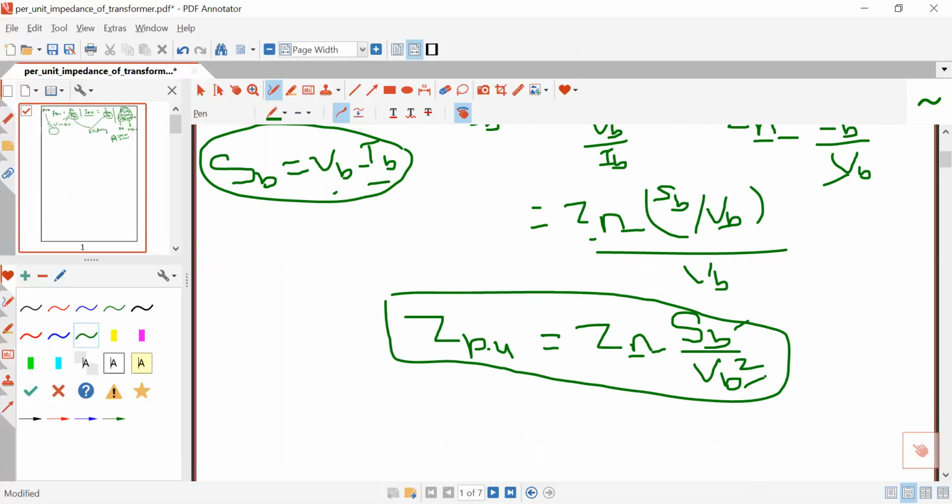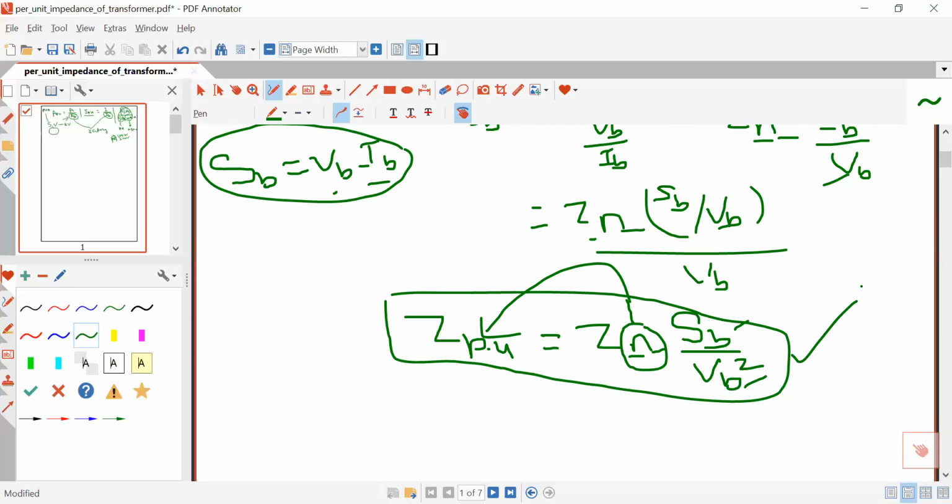So by using that rating, you can easily convert ohm in per unit system. So this is a very important formula, and you must remember it, because in analysis of power system, it is often required to convert ohm in per unit.